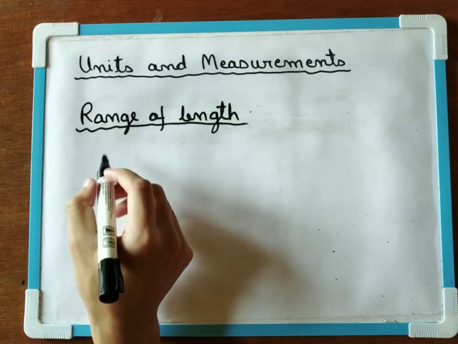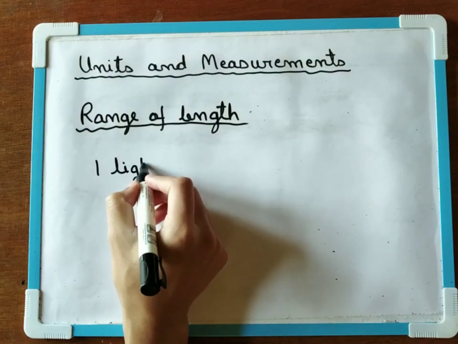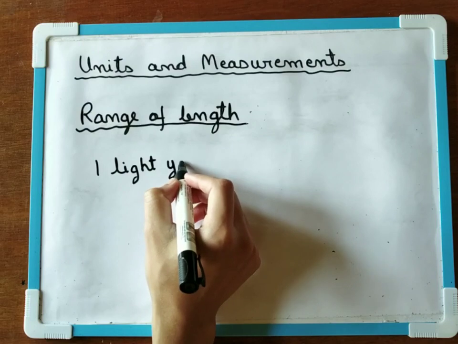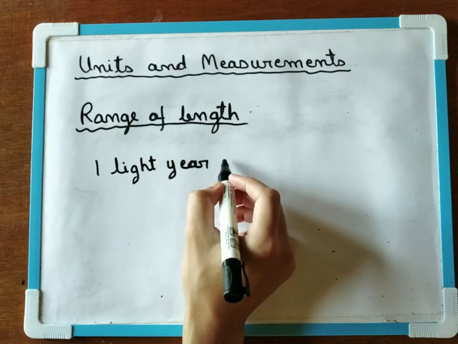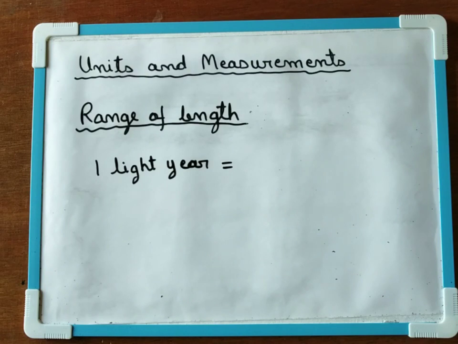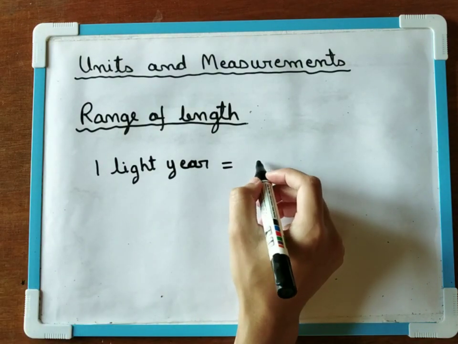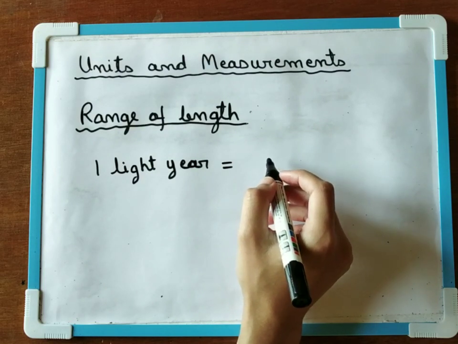Okay, so what is a light year? You can define a light year as the distance that light travels with a velocity of 3 into 10 to the power 8 meter per second in 1 year.